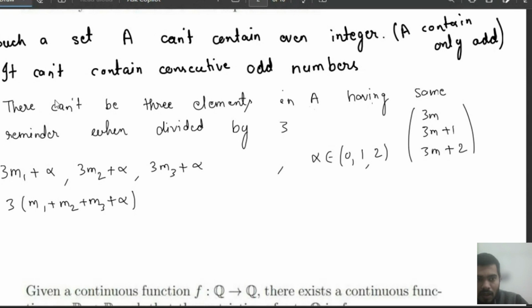So the worst case is that 2 elements have the same remainder and 1 element has the other remainder.